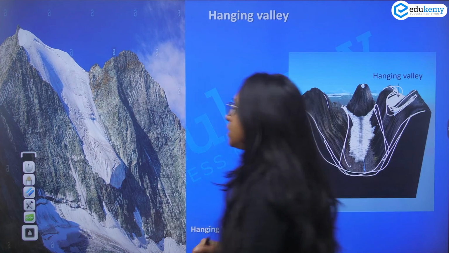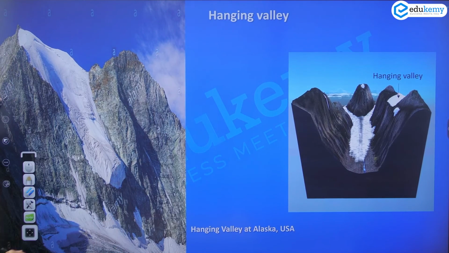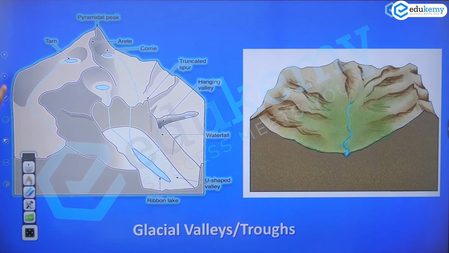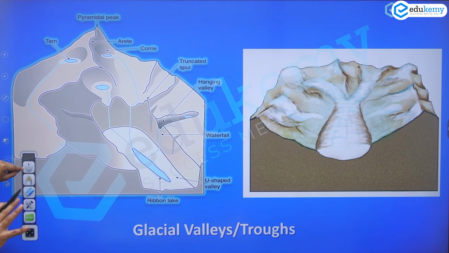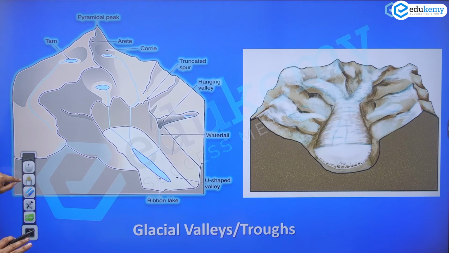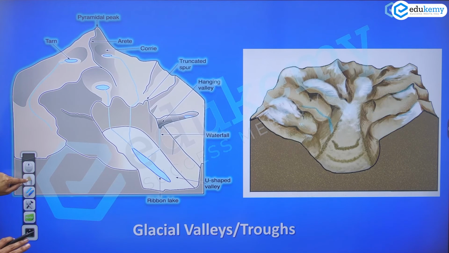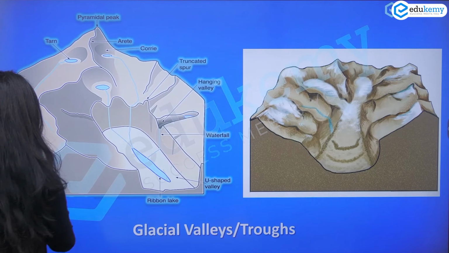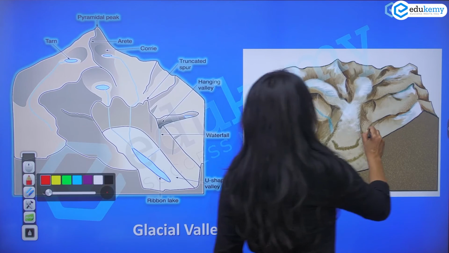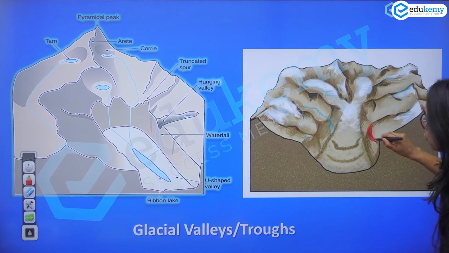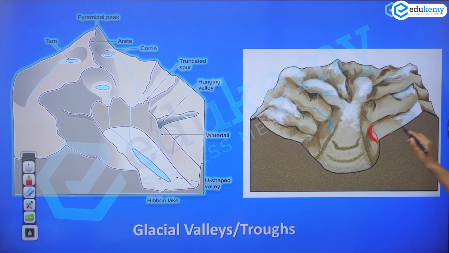And if you want to visualize the hanging valley here, the hanging valley will be this one. This is the glacier eroding the main valley. So this is the truncated spur. This portion is the truncated spur, and this is a valley. This valley is called the hanging valley.